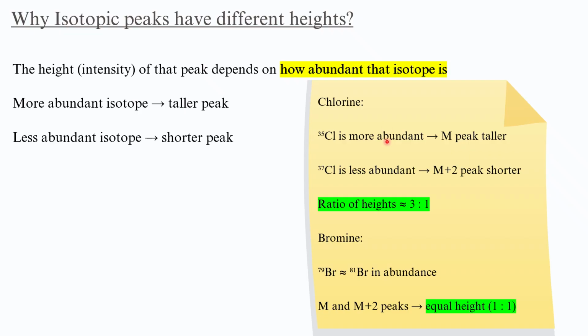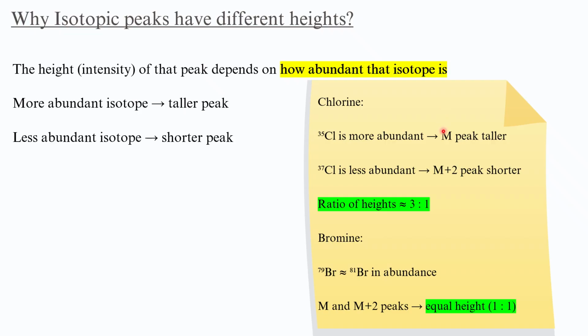Now let us understand this height clearly, because when we talk about chlorine and bromine, they have a height ratio of 3:1 and 1:1. This means if I have a spectrum where I can see that chlorine is present, the molecular ion will be taller, and the isotope 37, which will give M plus 2, will be shorter in height, and their difference in height will approximately follow a 3:1 ratio.